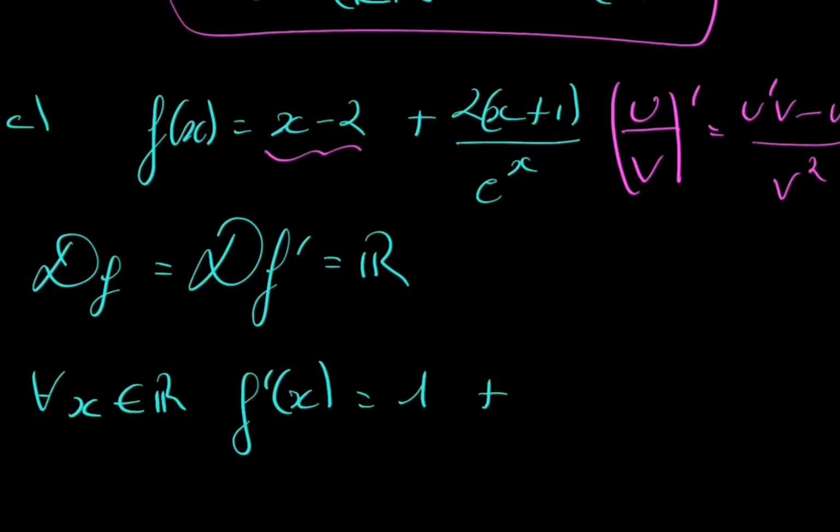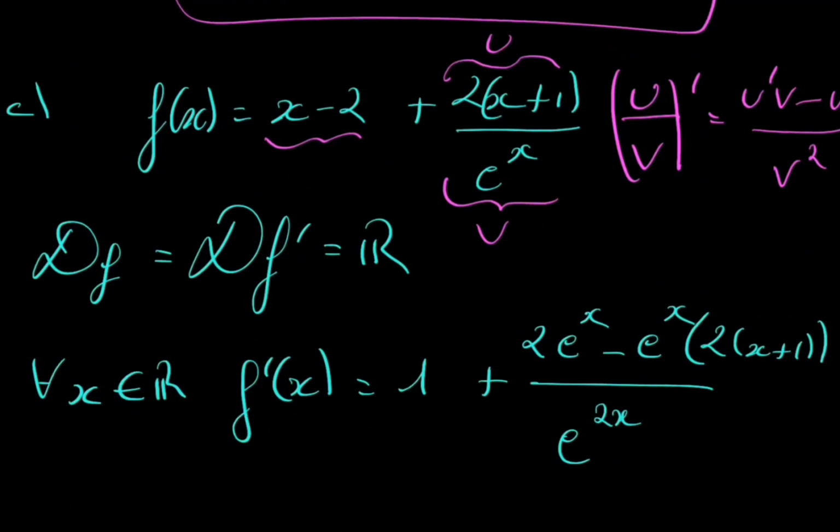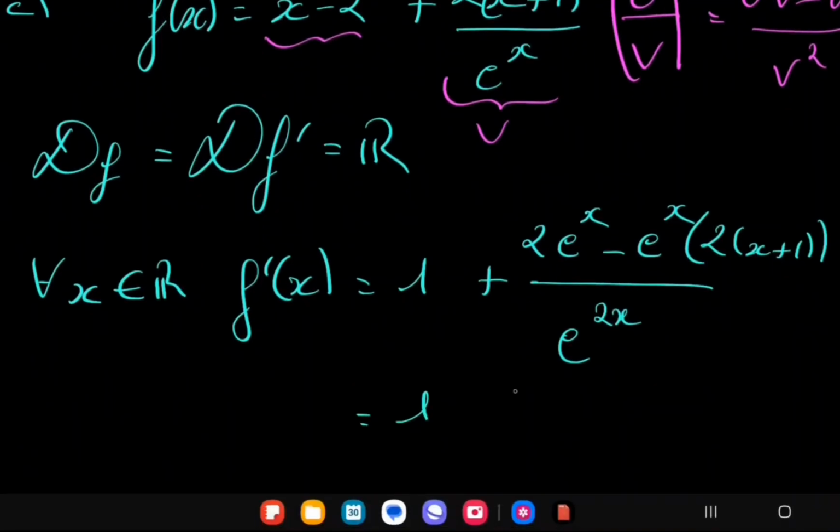So let's do this with this thing being u and this thing being v. Everything on top of v squared, so exponential of 2x, and we've got u prime, so 2, times exponential of x, so v, minus exponential of x, v prime, times (2x plus 1).